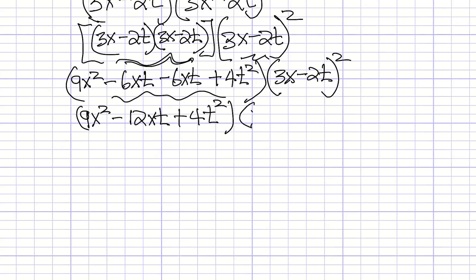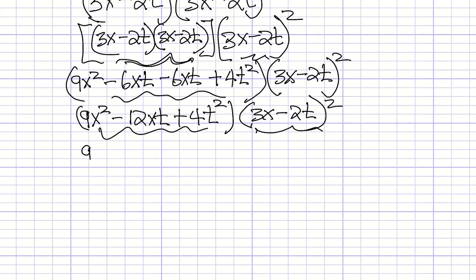And then that's 3x minus 2t, like that. Don't forget the exponent. Now that we got this squared out, whatever you get here will be there too.